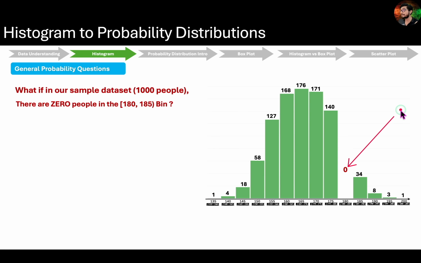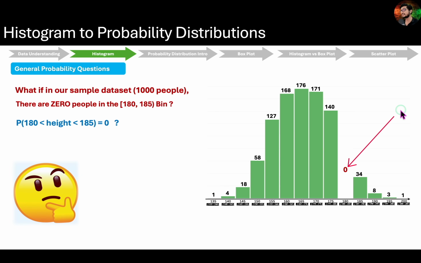This could very much happen when we are collecting a sample of only 1,000 individuals. Does that imply the probability of randomly finding someone with a height in that interval is 0? Of course not. We know that in the overall population, people within that height range certainly exist. It's just that, due to the randomness of sampling, a particular sample may not have captured anyone from that specific range.